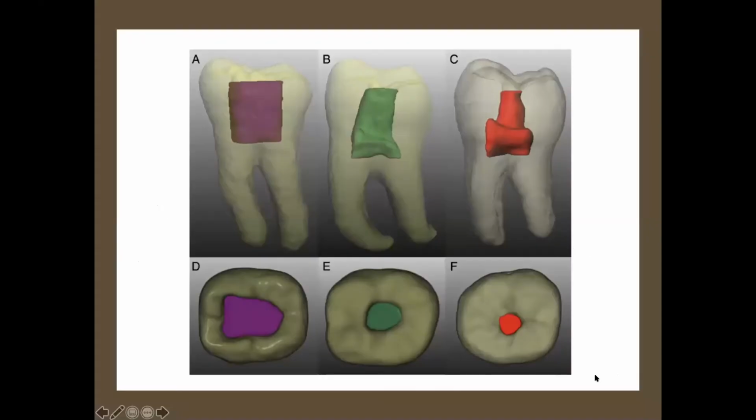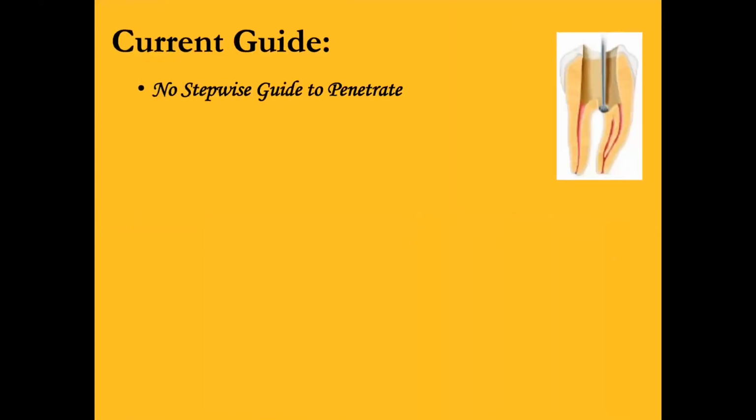You can see in this slide, there is an evolution in the preservation of more and more dentine so that the longevity of the tooth is improved. Though there is an evolution, there are also drawbacks, which I'll be mentioning in my further slides. The current concept is that there is no stepwise guide to prepare the access cavity.